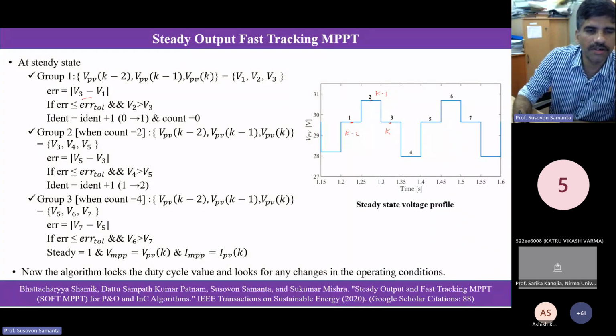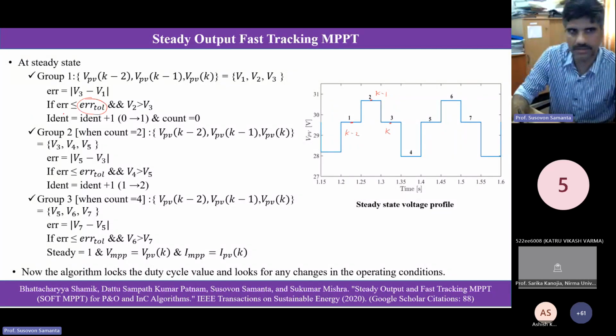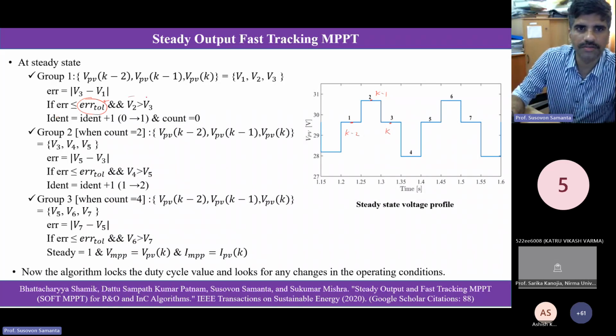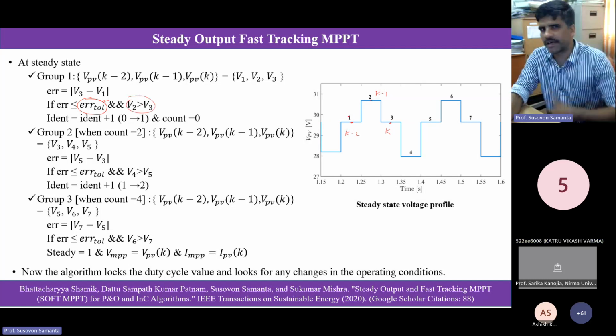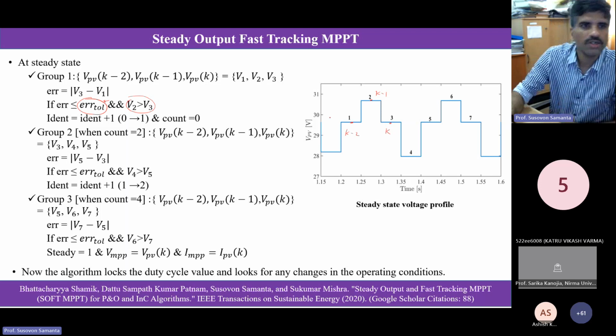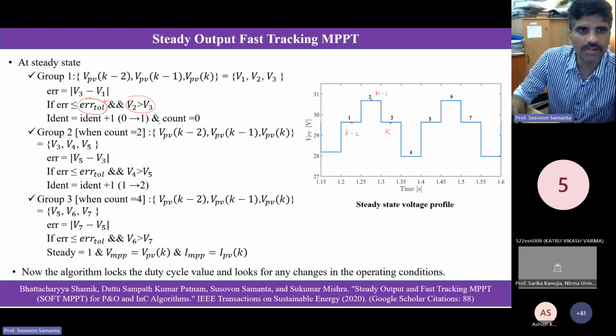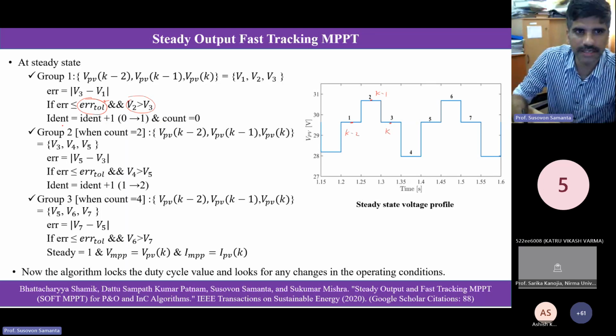So we are checking whether this difference is smaller than the tolerance we have decided, and we are checking whether V2 is greater than V3 or not. Whenever we get this kind of pattern, we can think that the steady state is reached. So we start counting, and we set ident to 1.